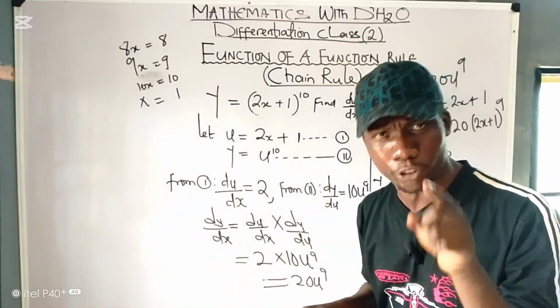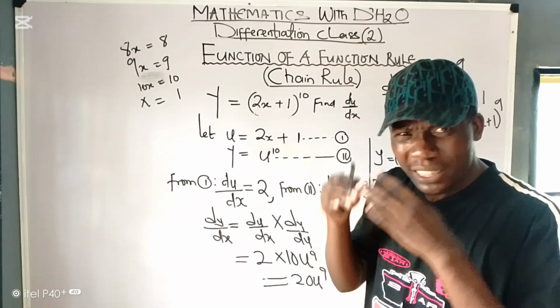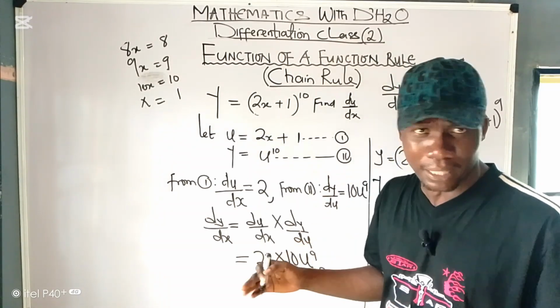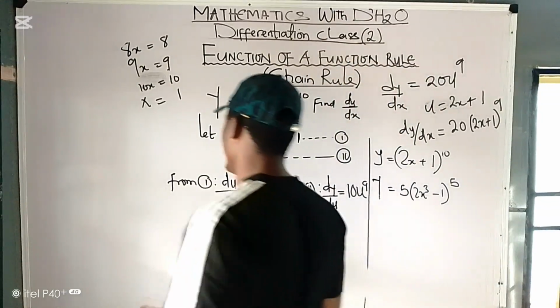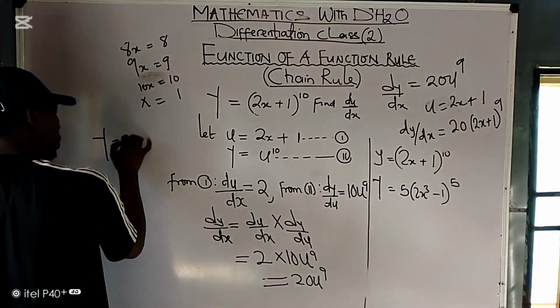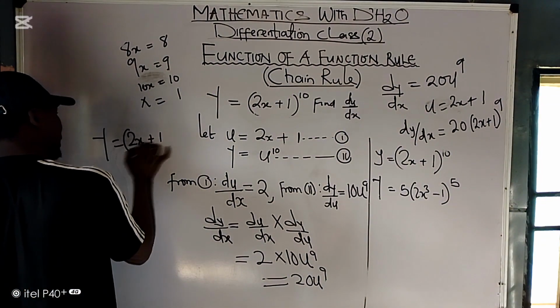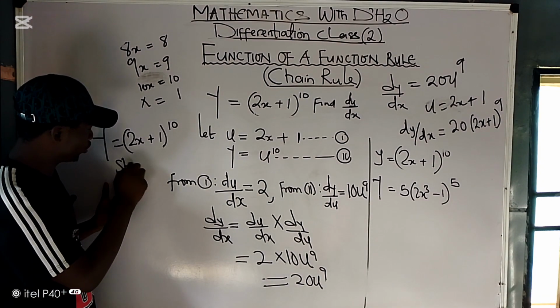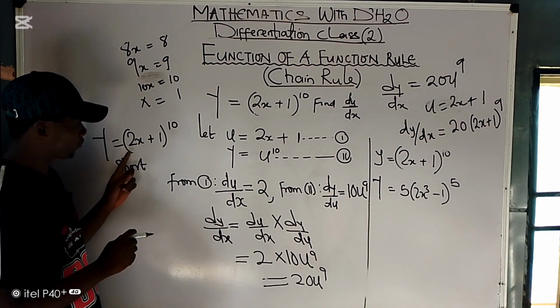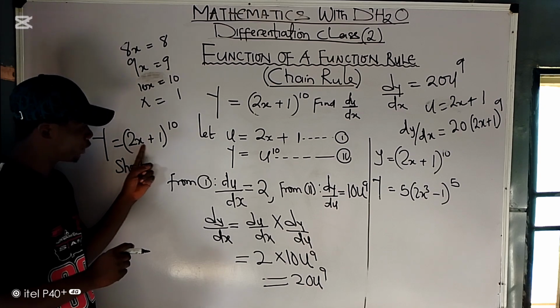Now there's a shortcut you can use to solve this particular problem. If you are a student preparing for JAMB exam, where the steps do not necessarily matter, what do you have to do? Very easy. Take a look at this question again. We have y equals 2x plus 1 raised to the power of 10. Now here is the shortcut. Differentiate 2x plus 1.